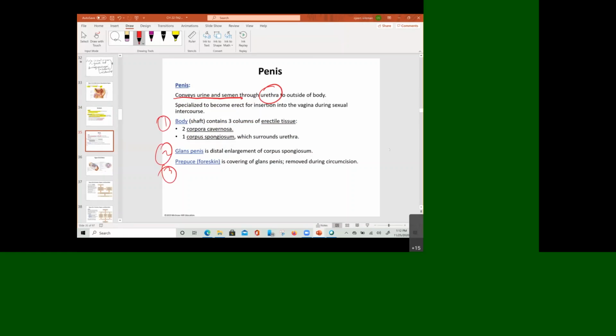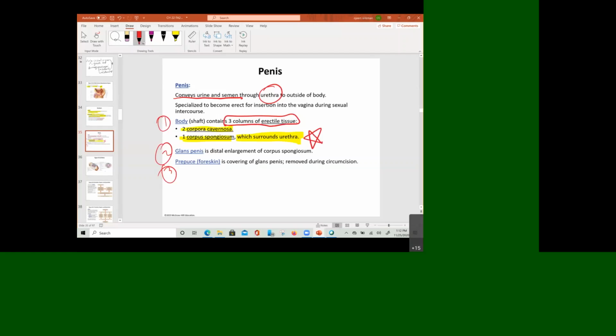The body contains 3 columns of erectile tissue. 2 of them are called the corpora cavernosa, and 1 is the corpus spongiosum, which actually surrounds the urethra.